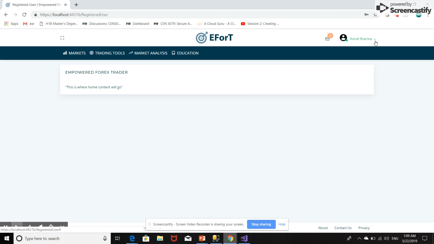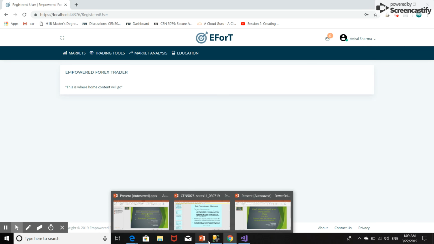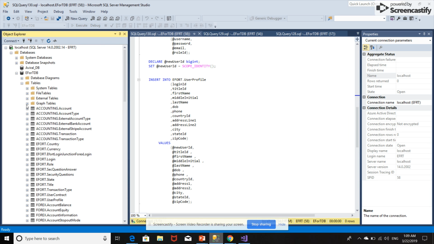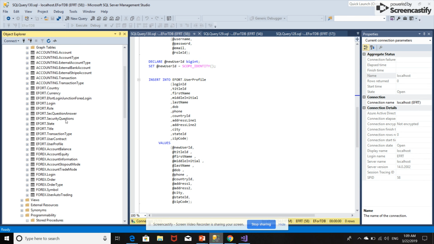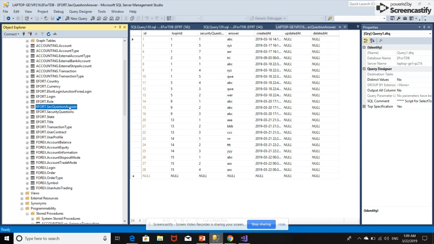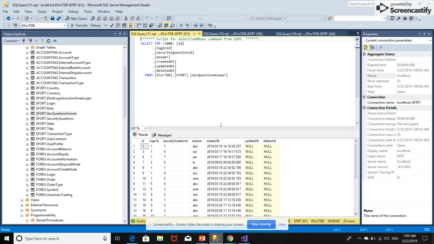One thing to test is that the security questions and the corresponding answers should be saved in the database. So let's check the database here. The table which I created for this was security questions for questions, and sec question answer. So sec question answer should have my answers.